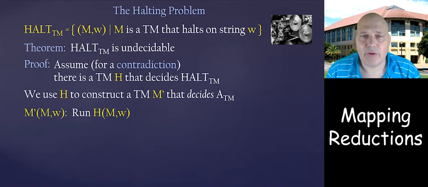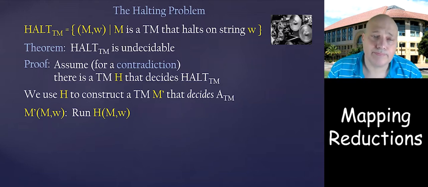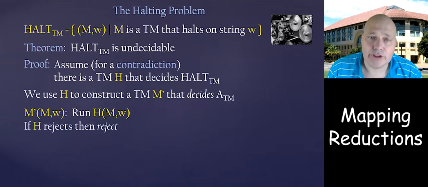So let's see how we're going to define M prime. M prime is a machine that is supposed to decide ATM. The way it will do it, it will first run H on M, W. H is the machine that tells me if M halts on W. If H rejects, it means that M is not going to halt on W, and definitely it's not going to accept, so M prime can also reject.